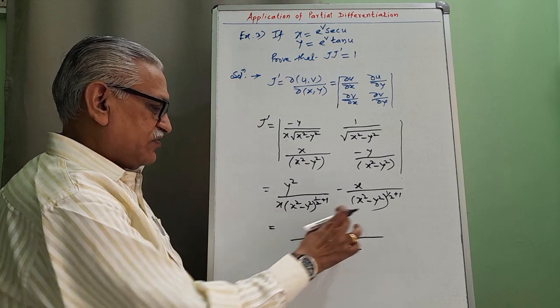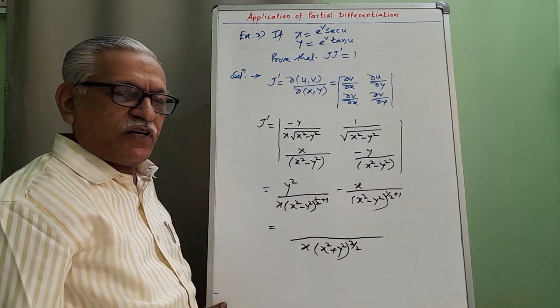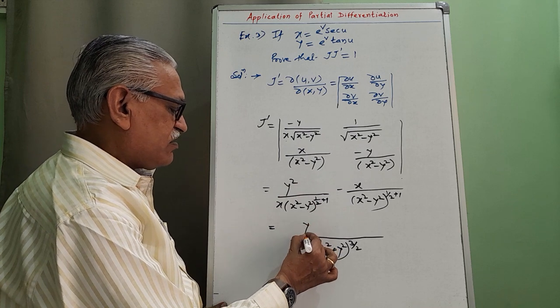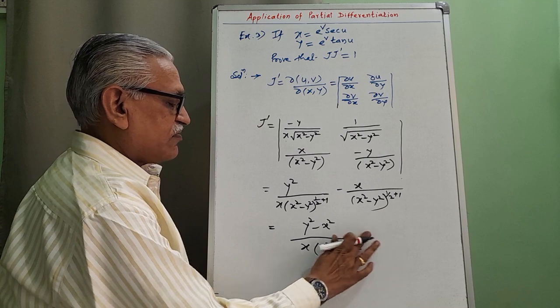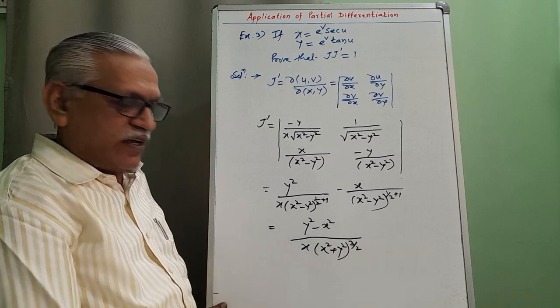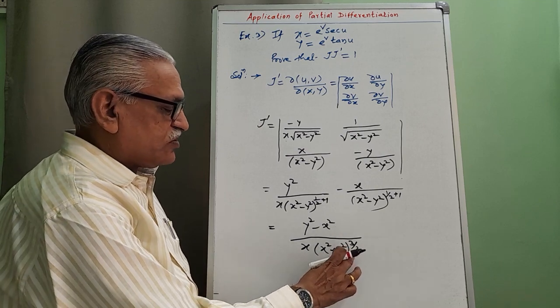Therefore, x into x, cross multiplying we get y square minus x square divided by x into x square minus y square raised to 3 by 2.